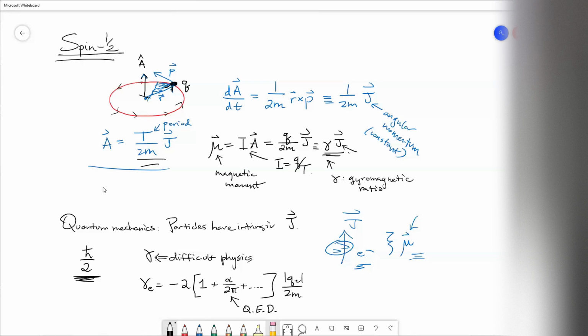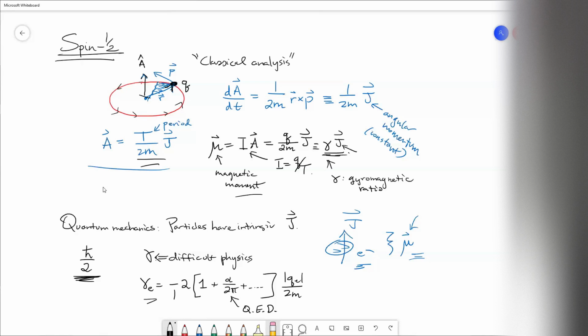This is a sort of classical analysis of orbital motion. But if you dig deeper, the relationship between the magnetic moment and the angular momentum is more complicated. It includes effects from special relativity, for instance. And it's not so easy.